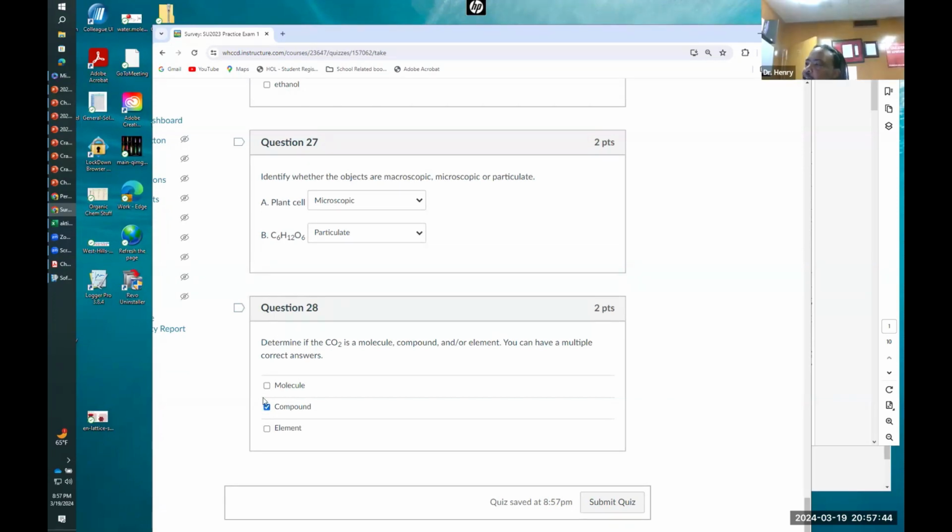It would, actually be a compound and a molecule. Definition of a molecule is two or more atoms. Definition of a compound is two or more different atoms. So, isn't CO2 two or more atoms? Yes. Okay. Good job.